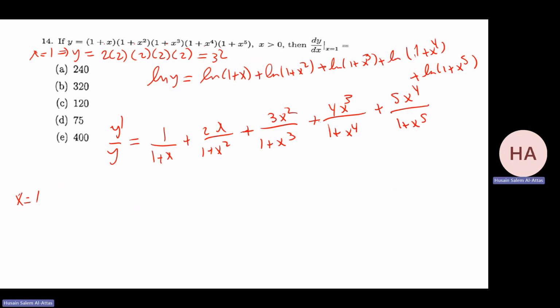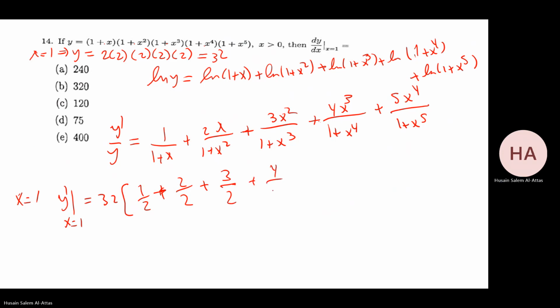So y prime at x equal 1 will be 32 times 1 over 2, plus 2 over 2, 3 over 2, 4 over 2, plus 5 over 2.